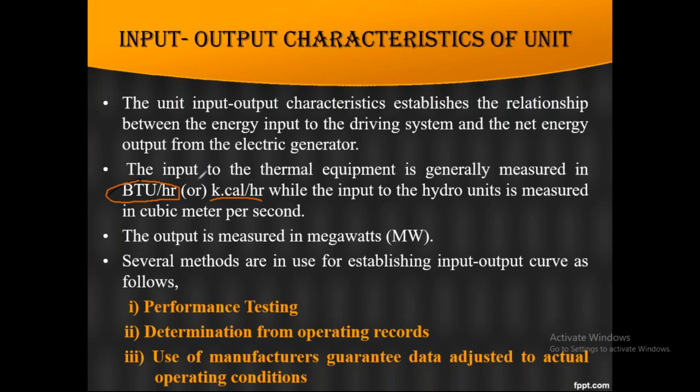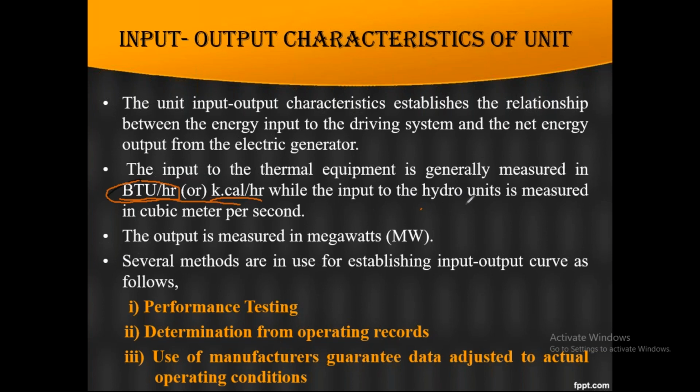So what is the heat we are producing, and based on the heat the steam will be generated, and when the steam flows on the turbine, then we can generate the power by using the generator. So this is the input parameter in the thermal unit.